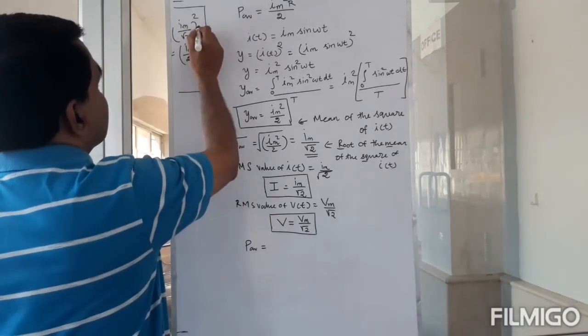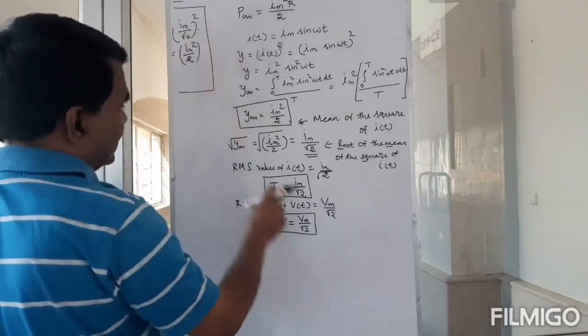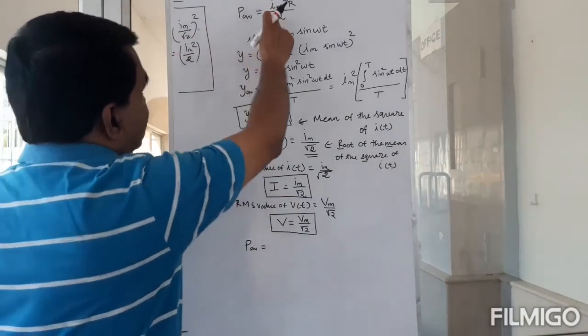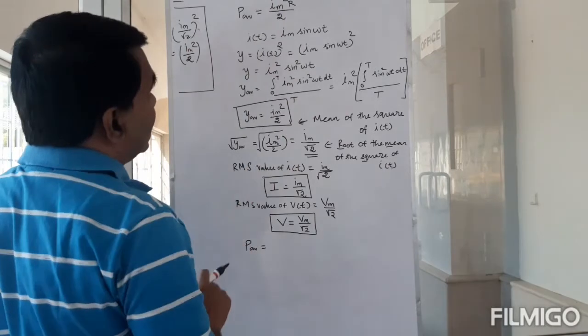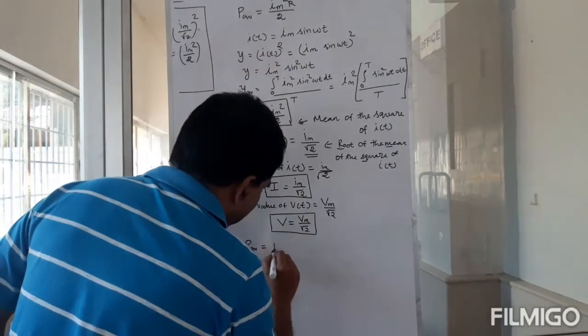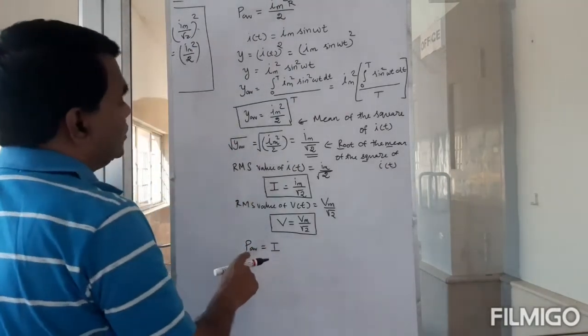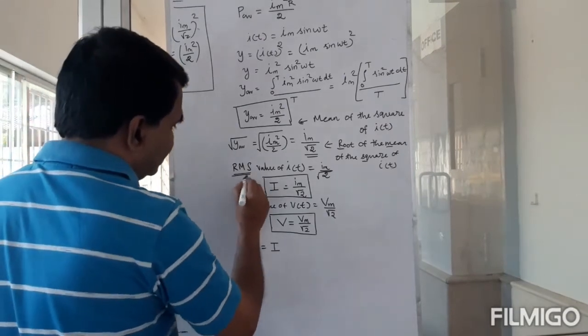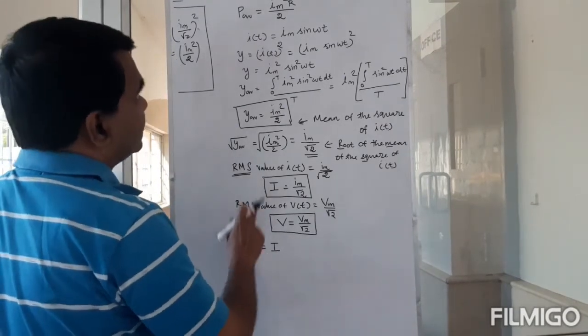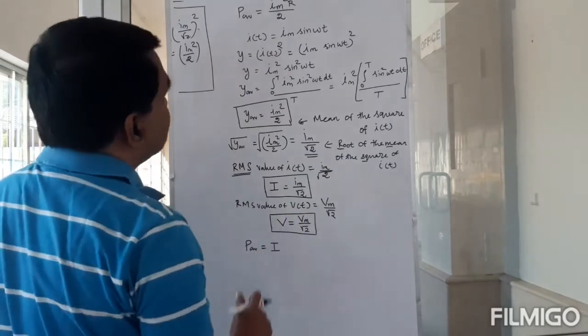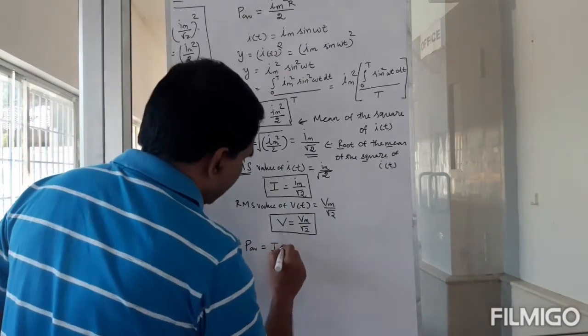So what is this? This is actually I. Im by root 2 is I. So instead of that, Im squared by 2 can be written as capital I, which is now the RMS value. So the RMS value of the current in the circuit, I, into R.